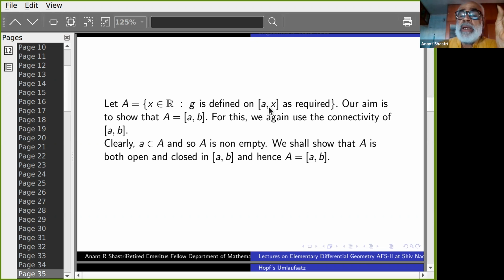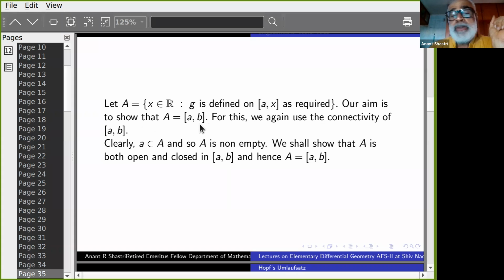G is defined on A to X as required. As required means G of A is T naught, and E composite G is equal to F of T, till you have reached up to X, so T lies between A and X. Our aim is to show that this set A is the whole of AB.